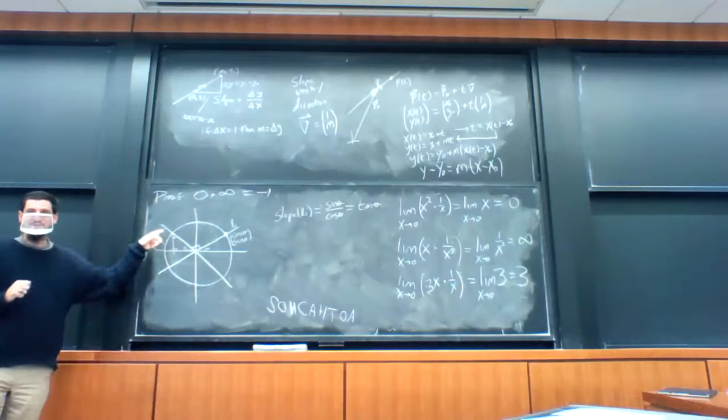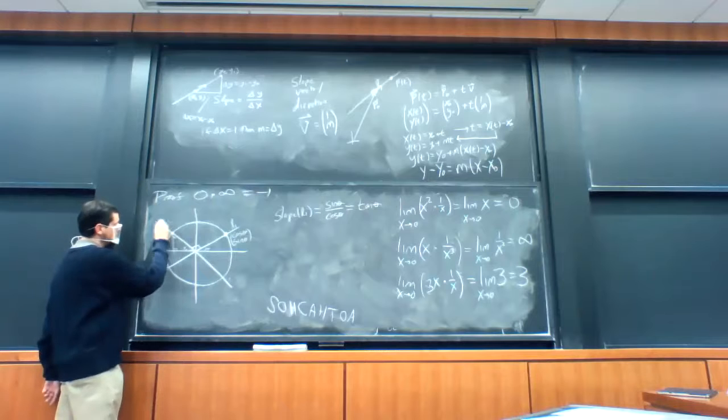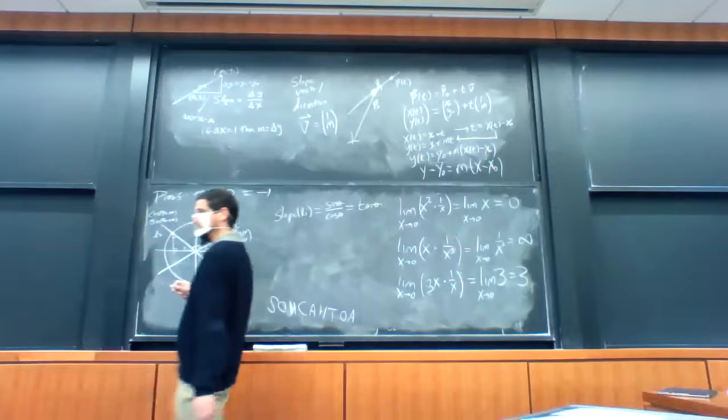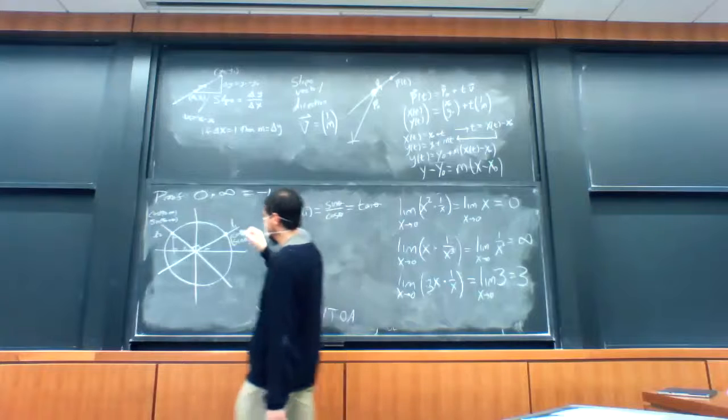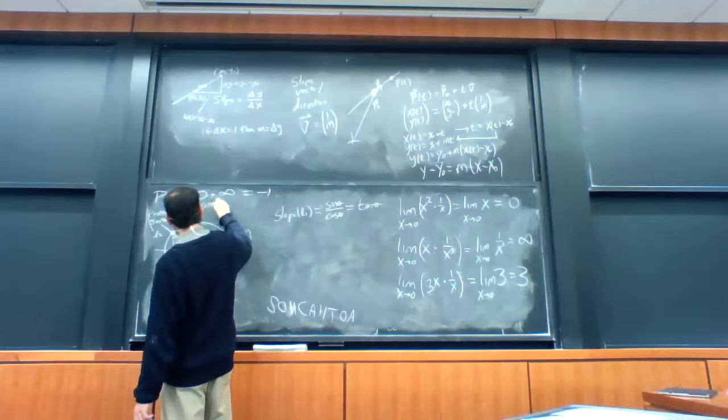Which quadrant do we live in? Oh, negative. Negative sine theta. So this point here is cosine of 90 plus theta, sine of 90 plus theta. This is the second line, L2. It's the same as minus sine theta, cosine theta.